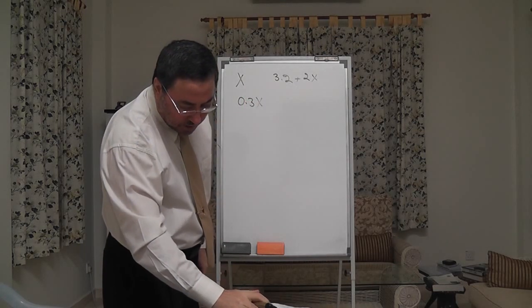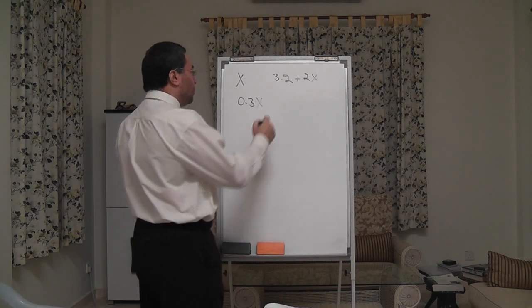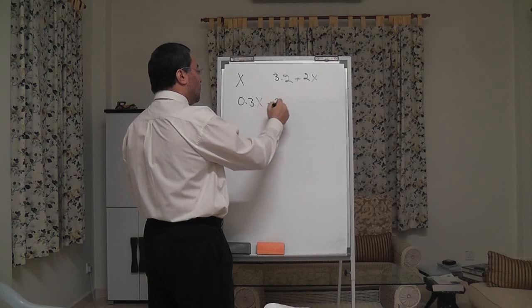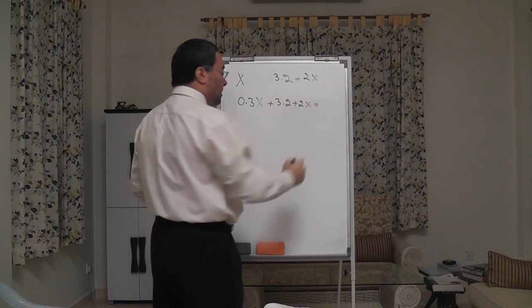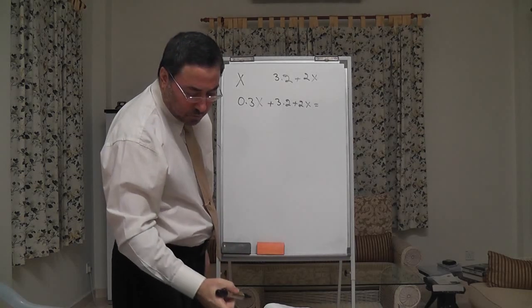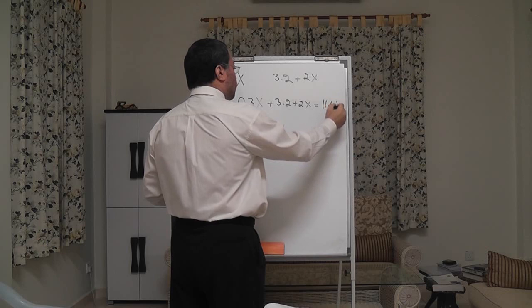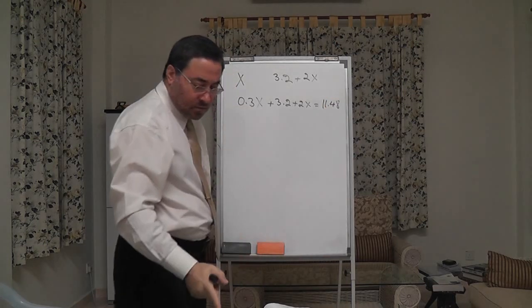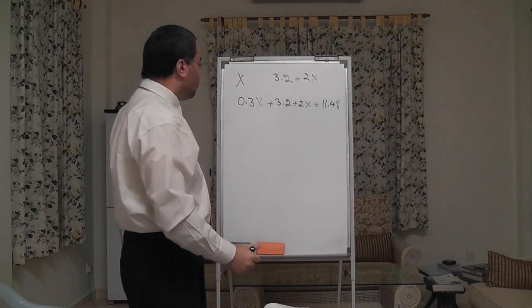If this is added to the larger, the result is 11.48. Find the numbers, so we need to find this and this.